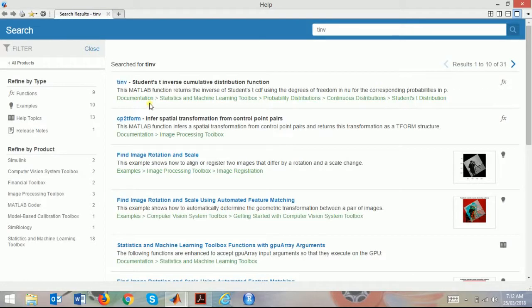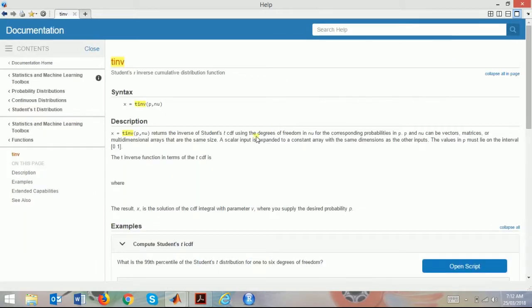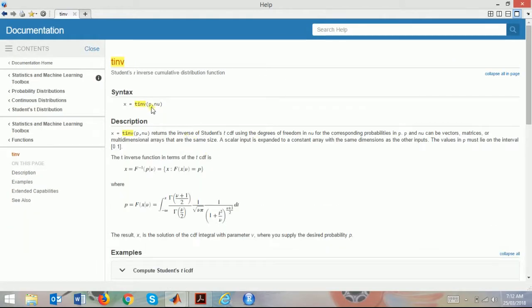Student's T inverse cumulative distribution function, where it takes in a probability P and nu, and it gives the inverse of student's T cumulative distribution function.